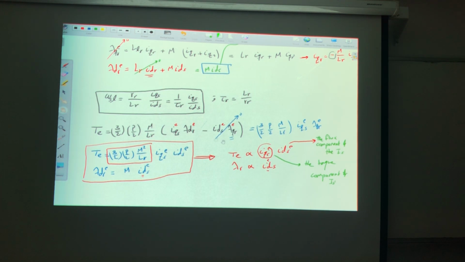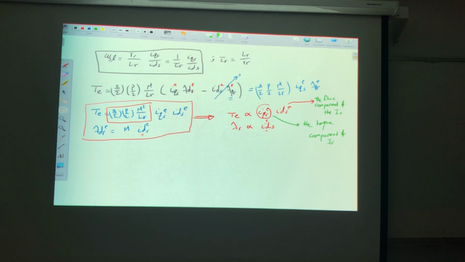Now, do you recall the torque in the DC machine, in the separately excited DC machine? The torque was proportional with what? The flux and the armature current. So now the same expression, yes? Which means that the three-phase induction machine, the complicated system, becomes as easy as a separately excited machine.